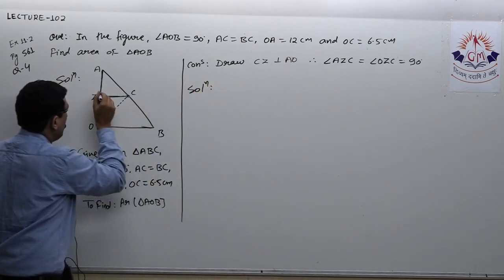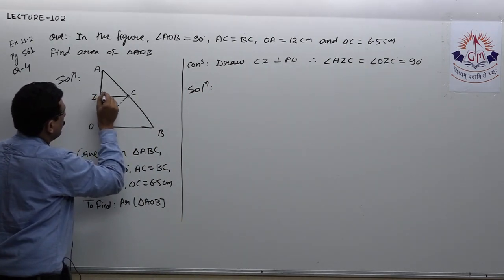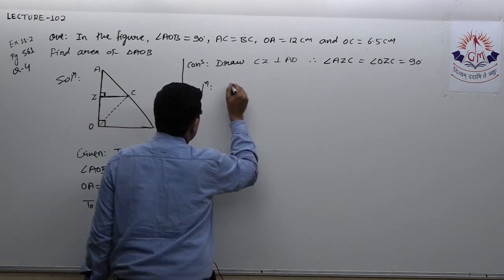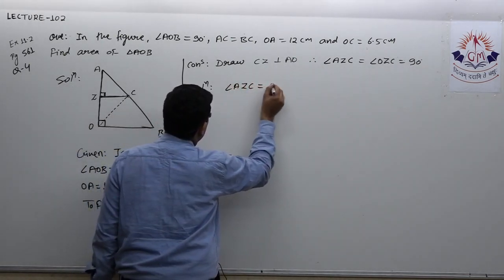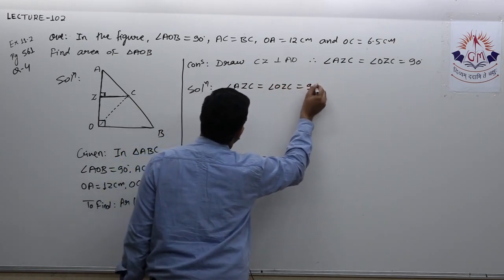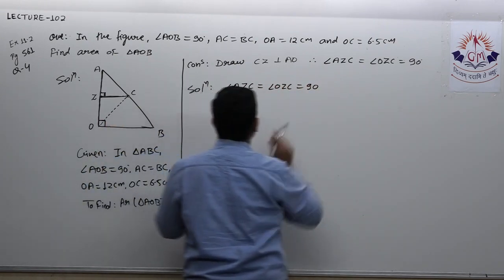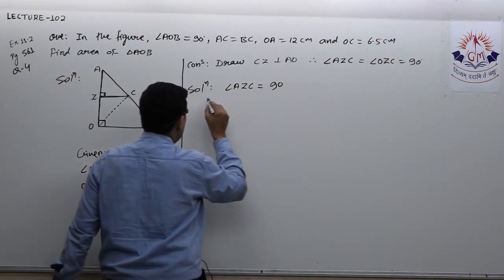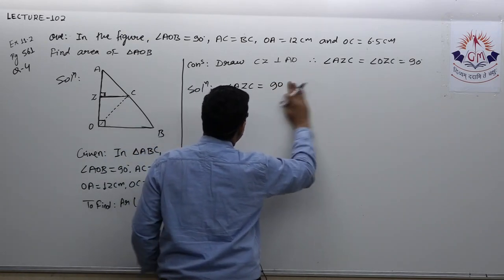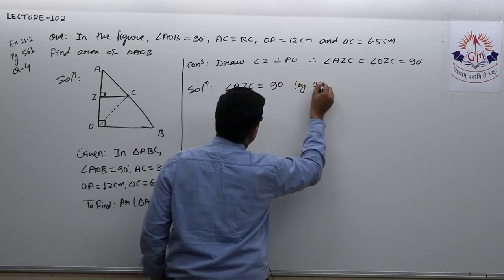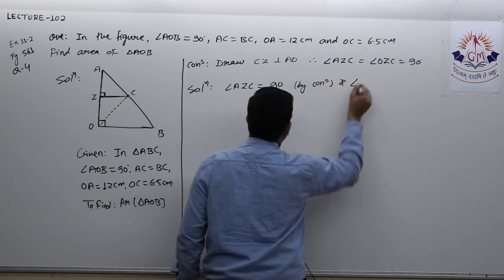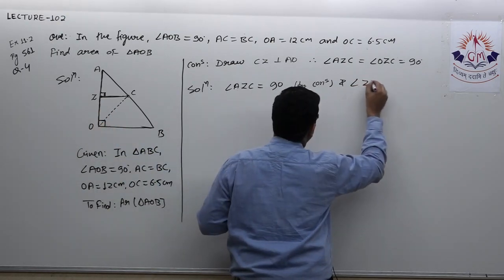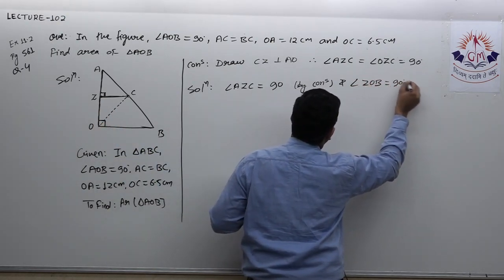When I draw this 90 degree, these two angles are equal. This says CZ parallel AO. Angle AZC is equal to 90 degree by construction, and angle ZOB equal to 90 degree given.